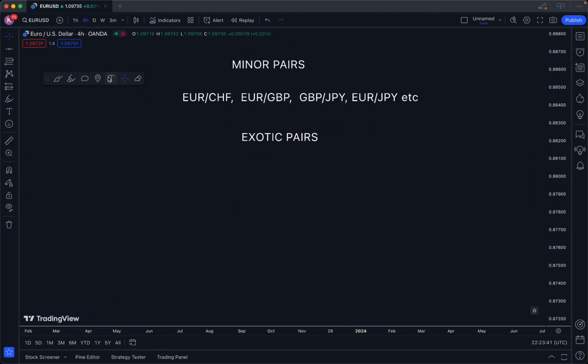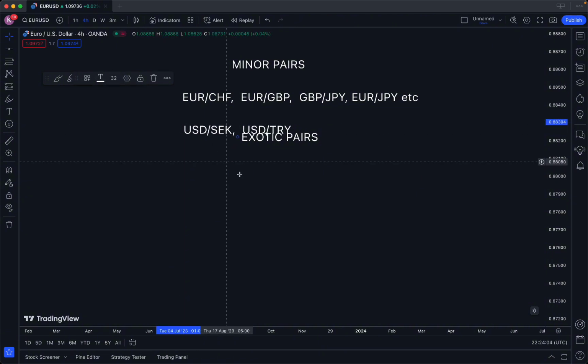For example, we have USD SEK, which is the United States dollar against the Swedish krona, and we also have USD TRY, which is the United States dollar against the Turkish lira.